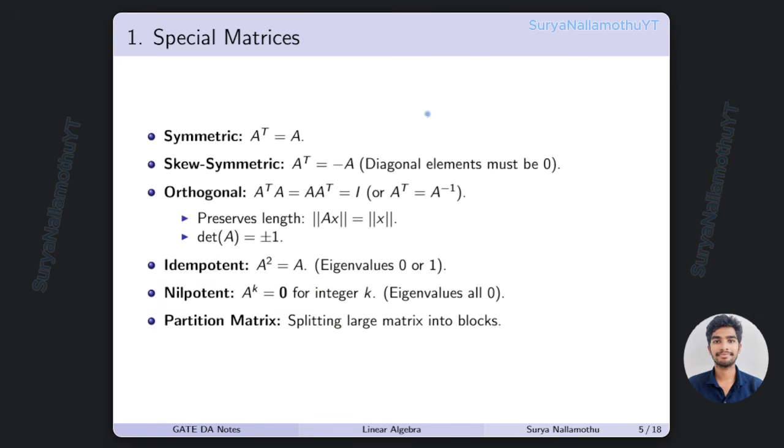Special matrices. We have different types of matrices. First, if A transpose equals A, it is symmetric. If A transpose is equal to minus A, it is skew symmetric. In a skew symmetric matrix, the diagonal elements must be 0.